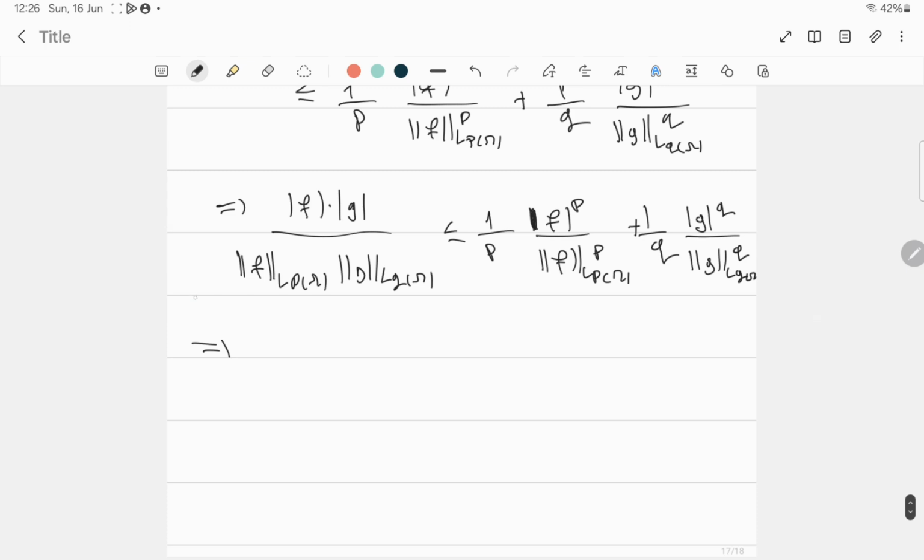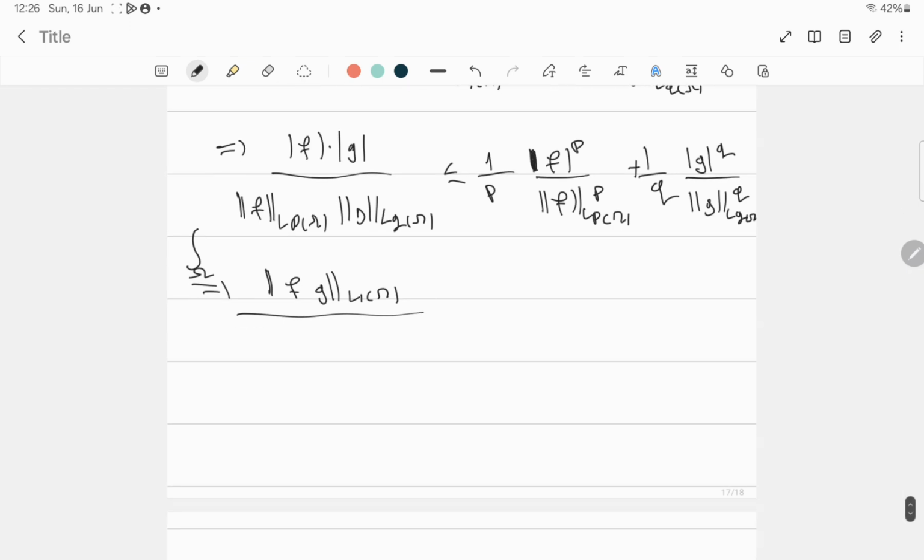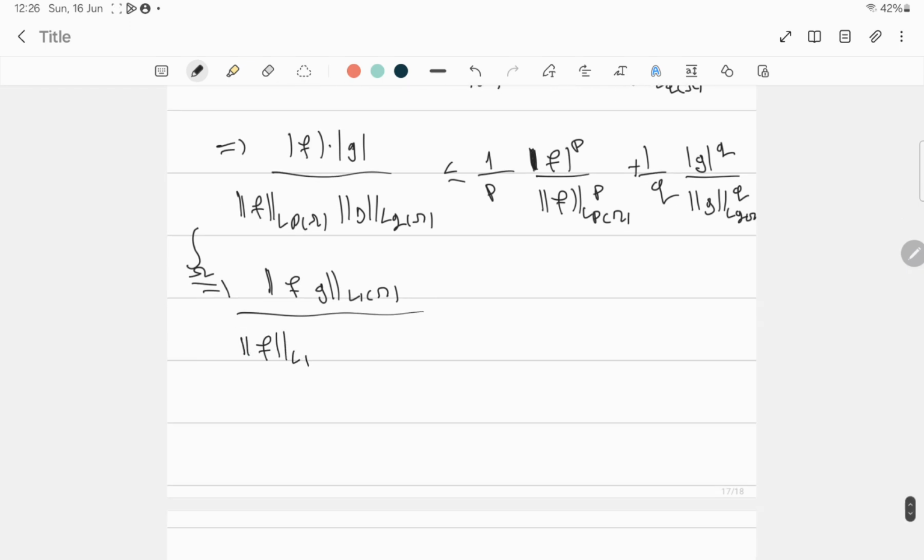Now what we have to do is integrate over omega, and when we integrate over omega, in the numerator we get the norm of f times g in L1. Of course, the denominator remains the same.